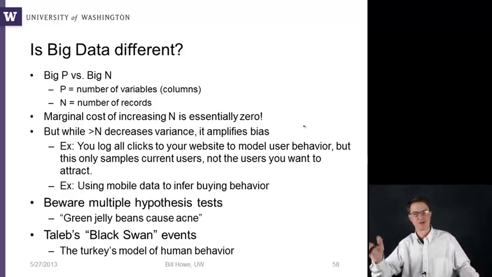And so the example that he uses in this case is that if a turkey was to model your behavior, it would get increasingly more confident that you mean it no harm, and you mean it goodwill, right? Every day you come and feed the turkey, and every day you take care of it, and you look out for its well-being. But then on the day before Thanksgiving, it gets slaughtered, perhaps. Okay, and so that was Taleb's argument for black swan events. And black swan itself refers to the fact that people didn't believe black swans existed, and then found out that they did, and so it was an unexpected event. Okay, fine, and we'll talk more about that in some detail.